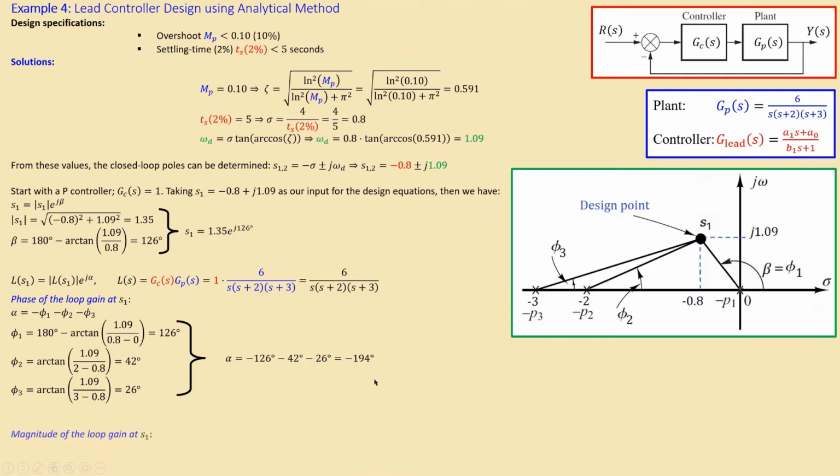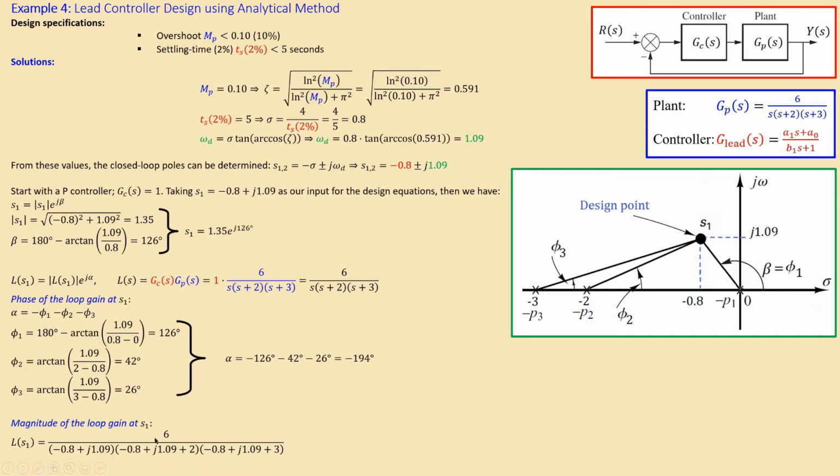We also need the magnitude of the loop gain at S1. So what is the total length evaluated at this design point? Now, if I now substitute the design point in this expression for the loop gain, this is actually shown here. You can see that this is the S, this is the design point, S plus 2, which is shown here, and S plus 3, which is also the design point plus 3.